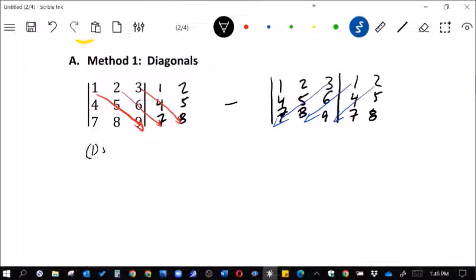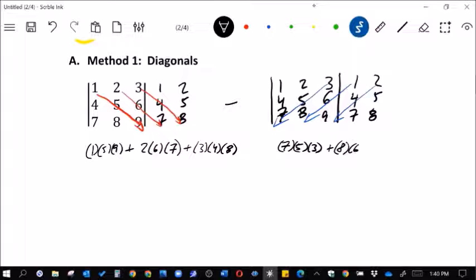So we have 1 times 5 times 9 plus 2 times 6 times 7 plus 3 times 4 times 8. And then over here, we're going to do 7 times 5 times 3 plus 8 times 6 times 1 plus 9 times 4 times 2.